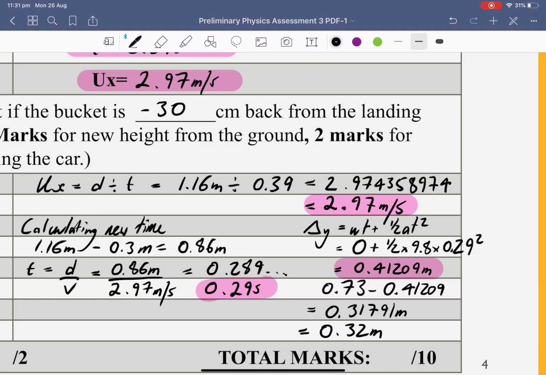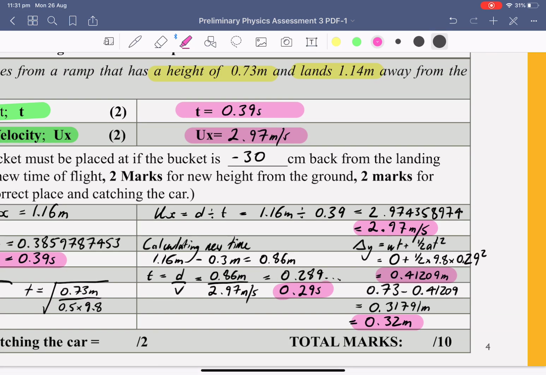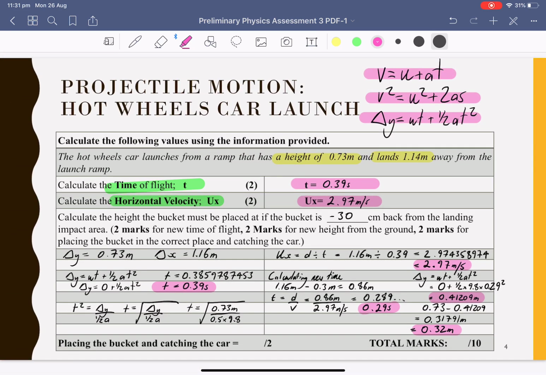So the bucket's going to be 32 centimeters off the ground there. We're going to highlight that answer, and there we go. So that's question 1 fully worked out. Hopefully you get the car in the bucket. We're now going to move on to question 2.